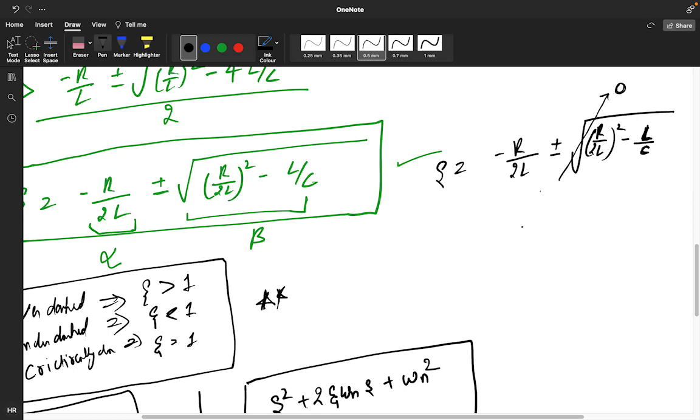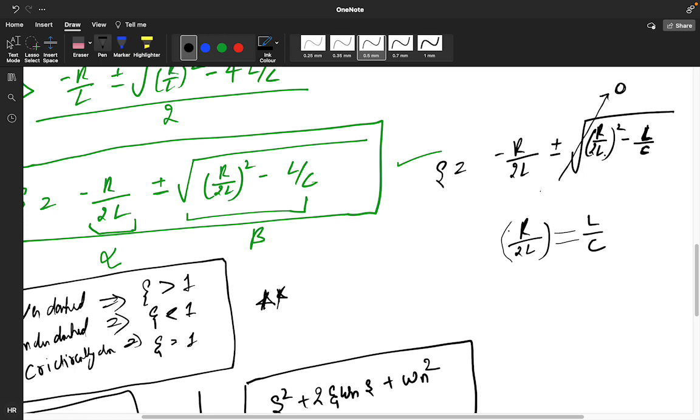It is possible when (R by 2L) the whole square will be equal to L by C. Is this clear? Then this term will be 0.